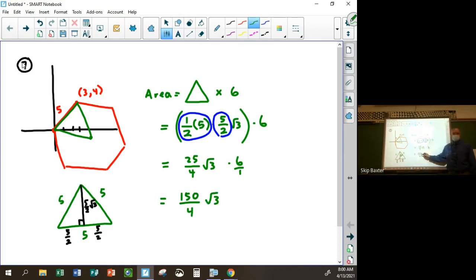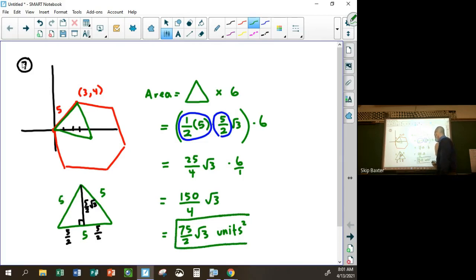And you can simplify the 150 fourths if you want to by dividing them both by 2. You get 75 halves, radical 3. And they don't give you any units. This is just on an XY coordinate system, so you can just say square units. And that's it. Okay, any questions on that?